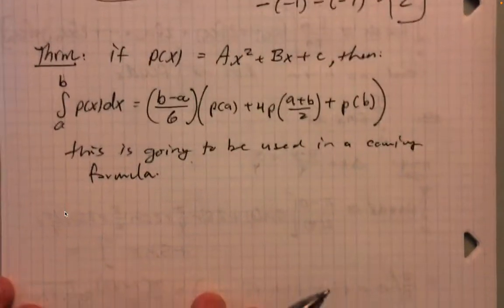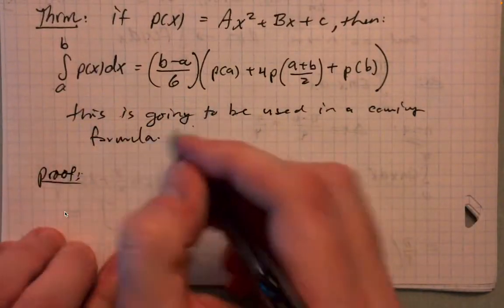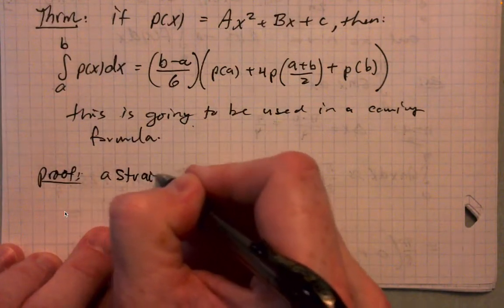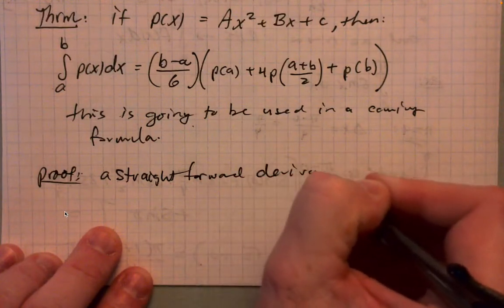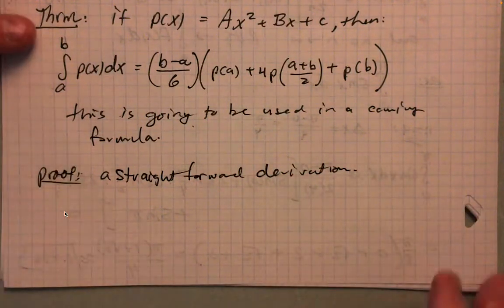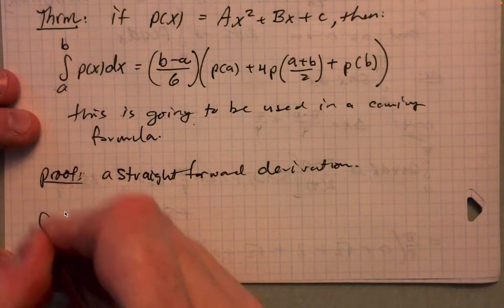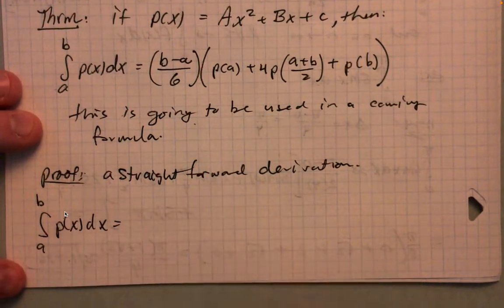Okay. So the proof is going to be a straightforward derivation. There's no crazy tricky algebra or anything. All we're going to do is say, okay, I've got the integral from a to b of p of x dx, and let's just integrate this.